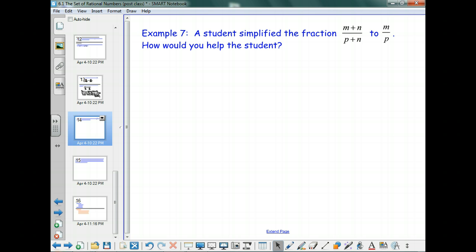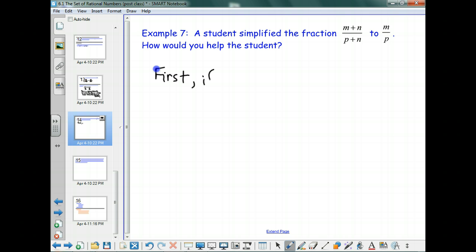What were they thinking that was correct? They're thinking of canceling something out, which is legitimate under what circumstances? If there were multiplication. So let's say something like that to start with.